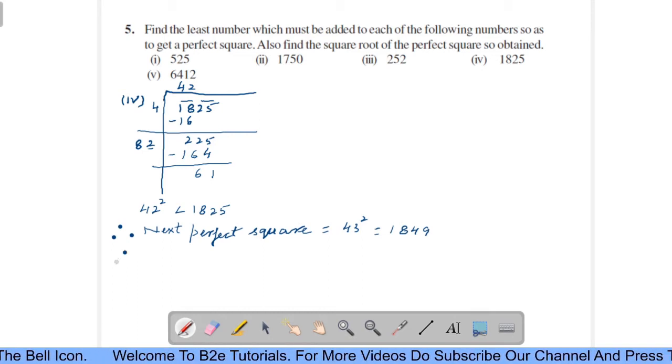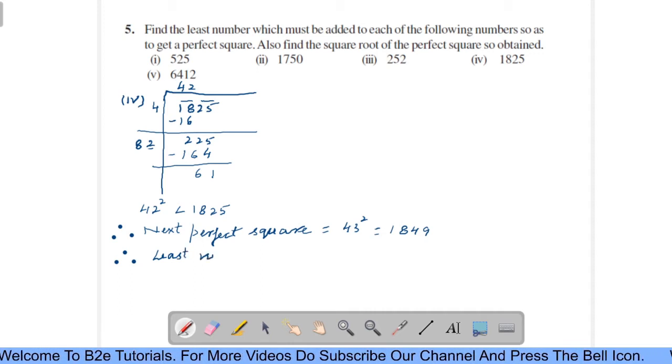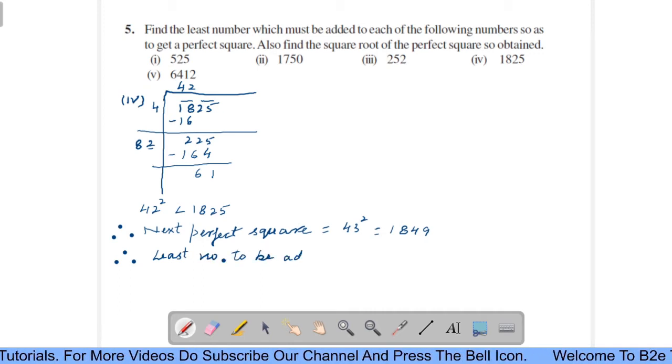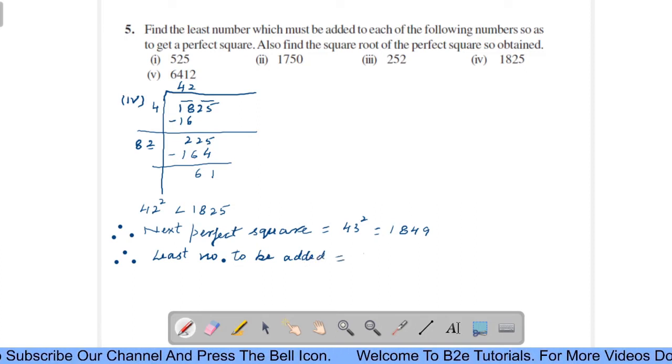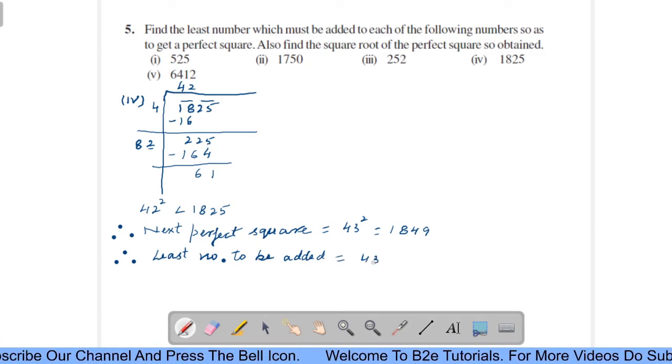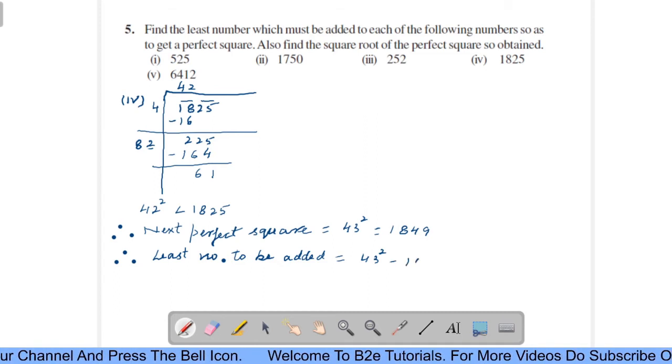Therefore, least number to be added, it is 43 square minus 1825.